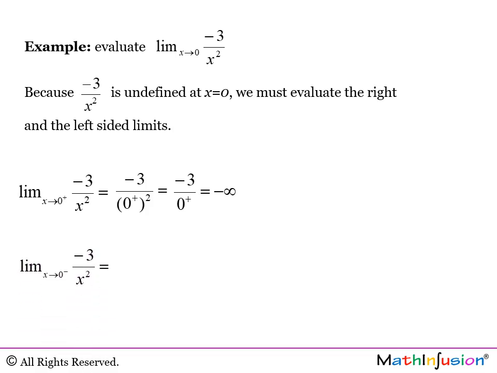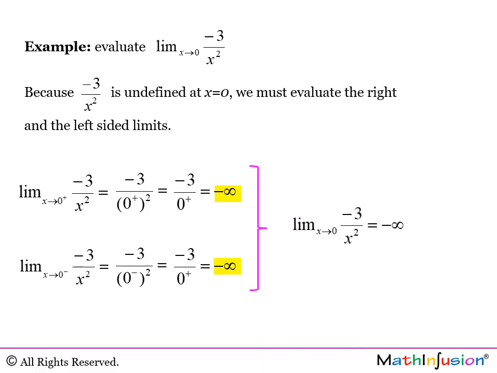From the left side, we get, again, negative infinity because when you square the 0 minus, you get a 0 plus. And we conclude that the limit of negative 3 over x to the power of 2 when x approaches 0 is negative infinity.